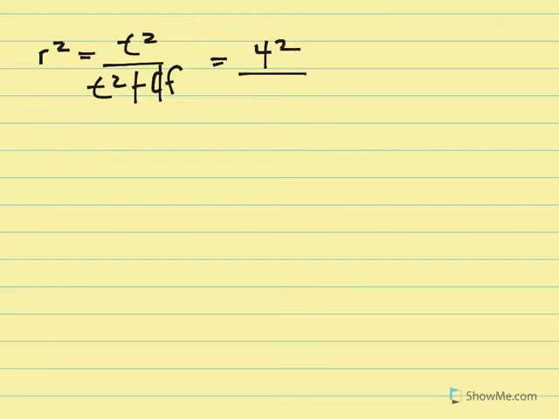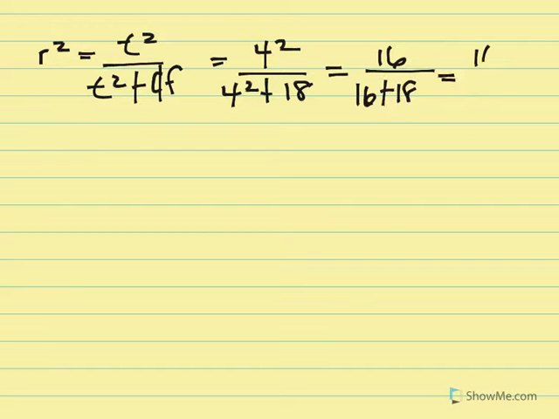We're going to square that. 4 squared, and then our degrees of freedom was equal to 18 because each sample was equal to 10 individuals. So now we can solve this. 4 squared, 16. 16 plus 18, and we get 16 over 34. Our R squared is equal to 16 over 34.